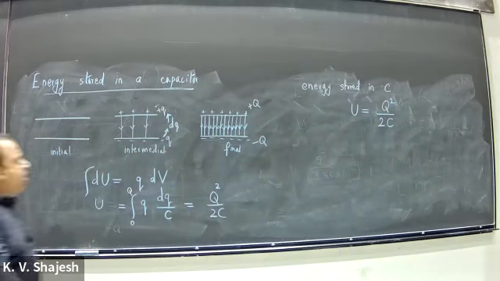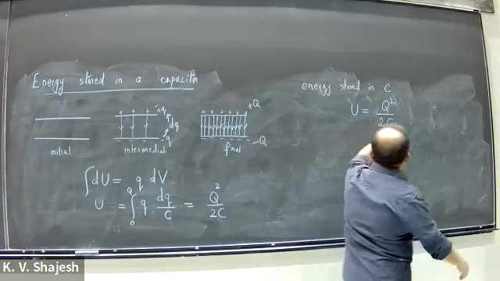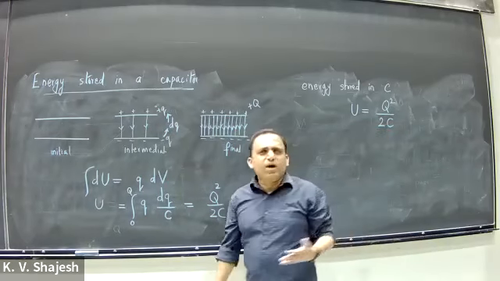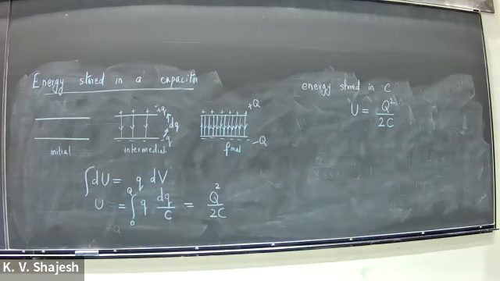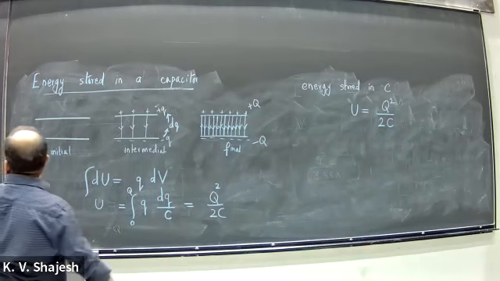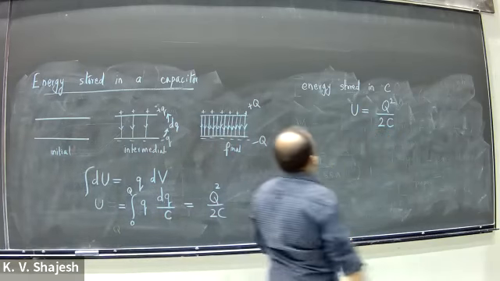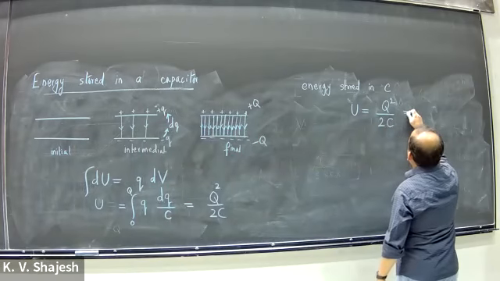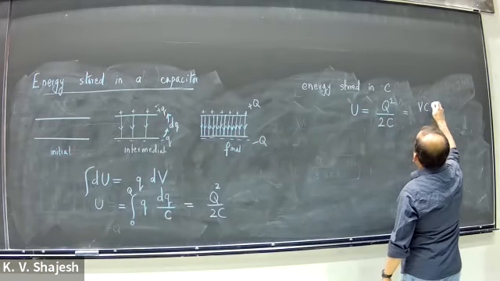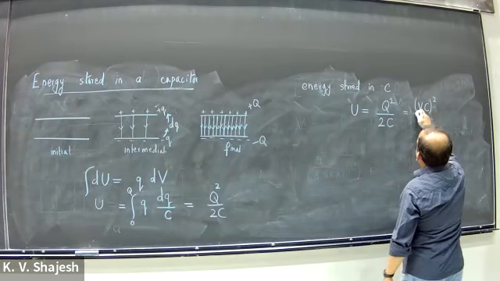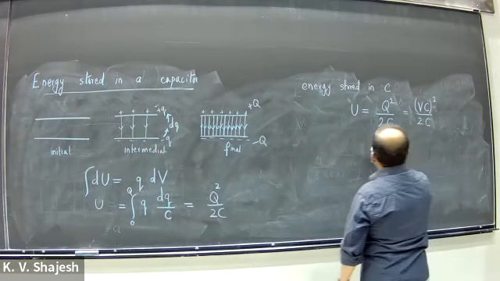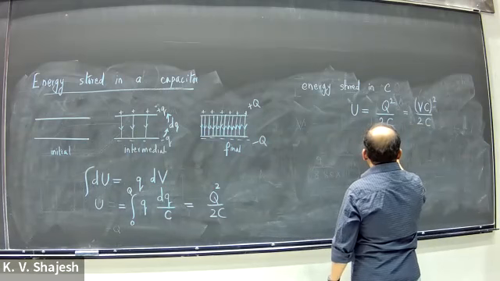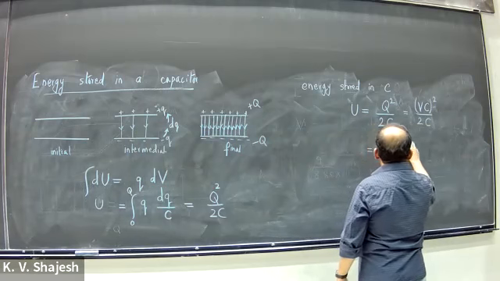It should not be immediately concluded that, oh, C is in the denominator, so more capacitance means less energy. That's not the case, because Q over C is voltage, right? So I can replace Q with V and C. So this is the same as V times C squared over 2 times C, right? So this is also equal to half C V squared.